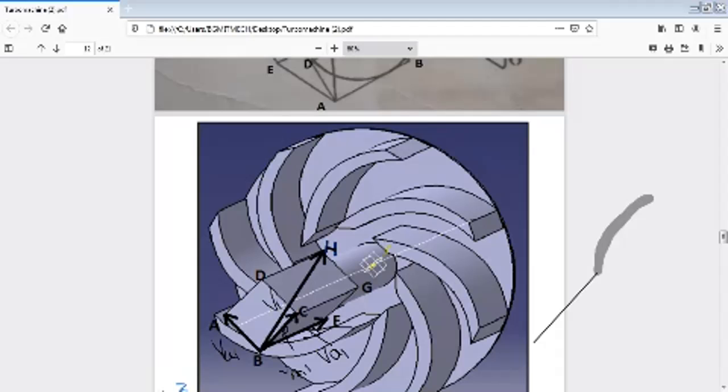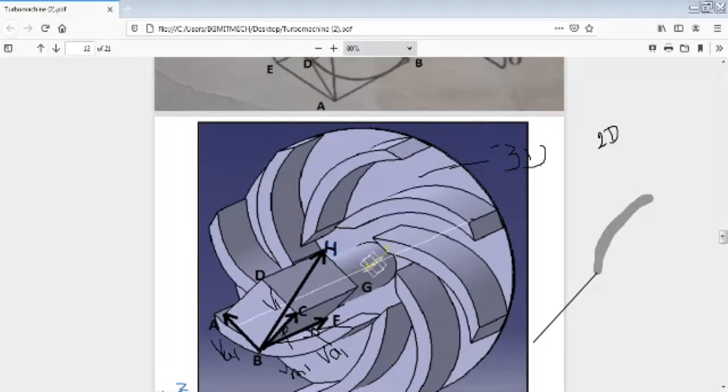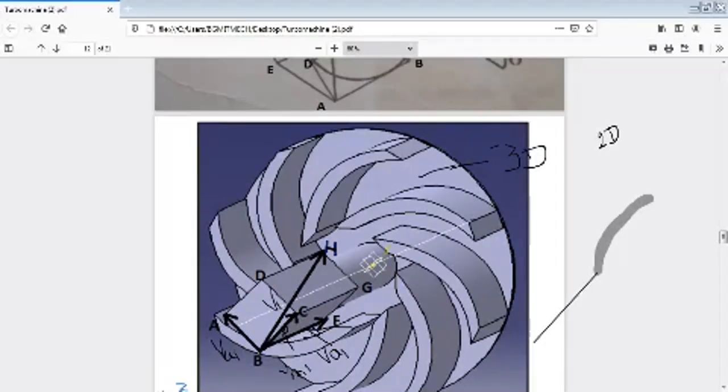Okay, I have drawn here a 2D figure, not a 3D figure. This is the 3D figure. So for me only this radius is visible here in two dimensions, so I will form a velocity triangle by using this radial velocity component Vm1.